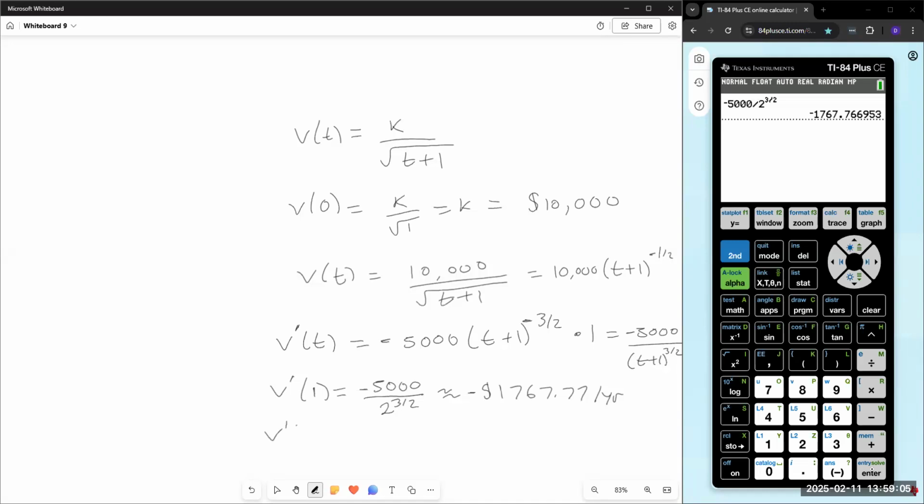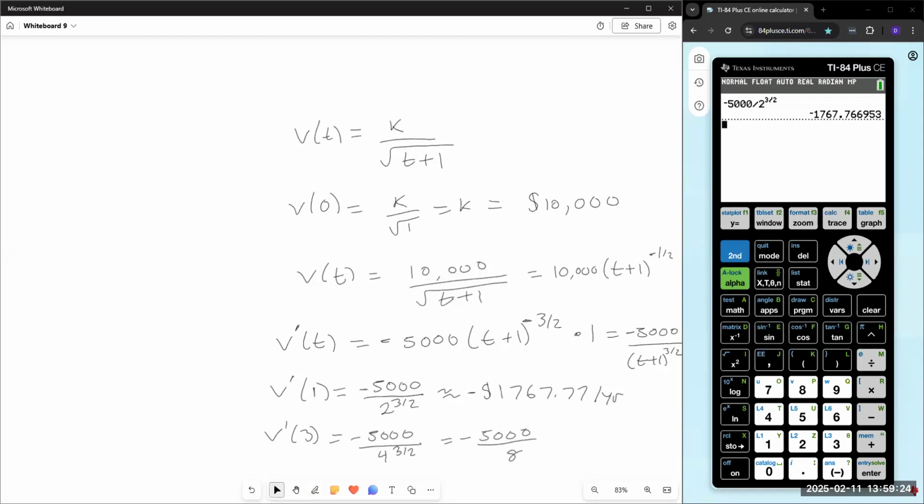Then V prime of 3 is equal to negative 5,000 over (3 plus 1, which is 4) to the 3/2. Well, that's negative 5,000 over 2 to the third, which is 8.